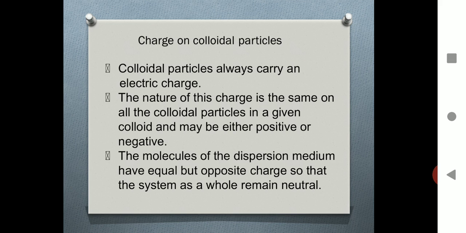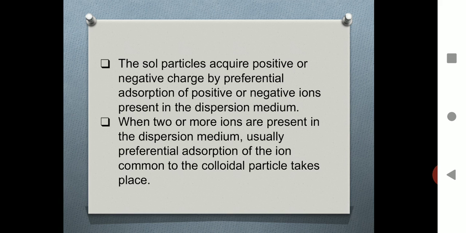All types of colloids carry either a positive or a negative charge, and the charge on colloidal particles arises due to preferential adsorption of either positive ions or negative ions from the dispersion medium, which means that the positive or negative ions which are present in the dispersion medium and which are common to the ions present in the colloidal particles are preferentially adsorbed on the surface of colloids, and that results in development of either positive or negative charge on the colloidal particles.